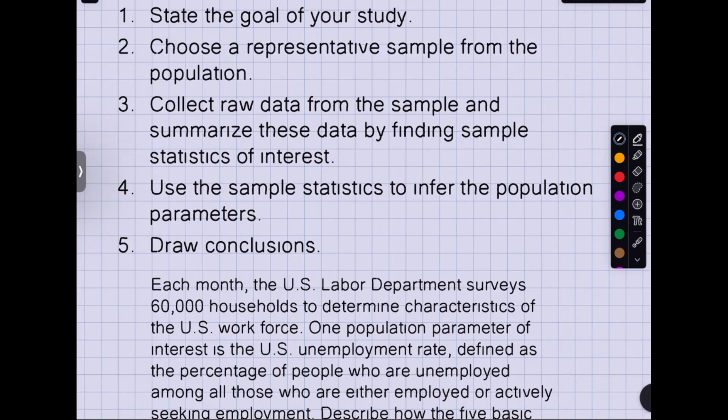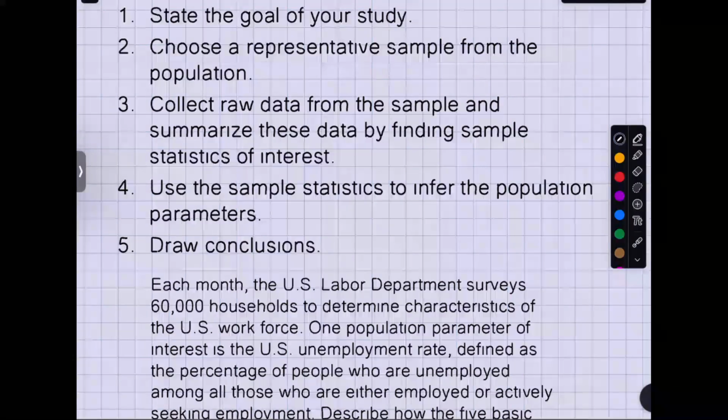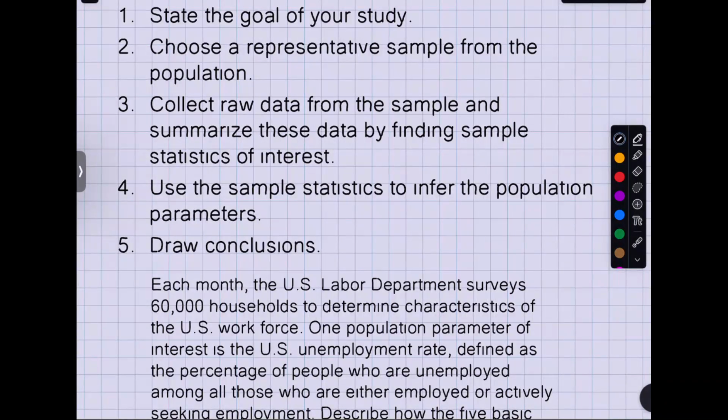Use the sample statistics to infer the population parameters and then draw conclusions. So based on their sample of certain households, what they're watching is how they come up with the TV ratings, and they infer that to what the whole population is actually watching, right?